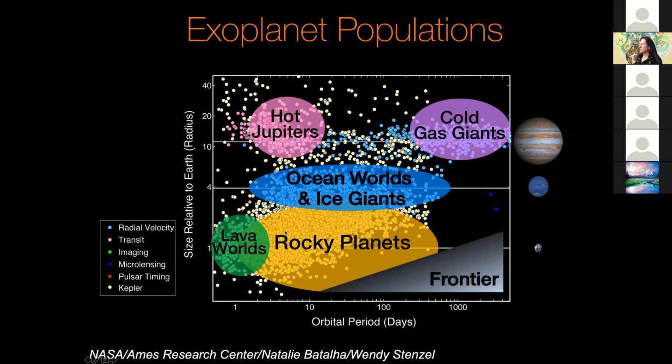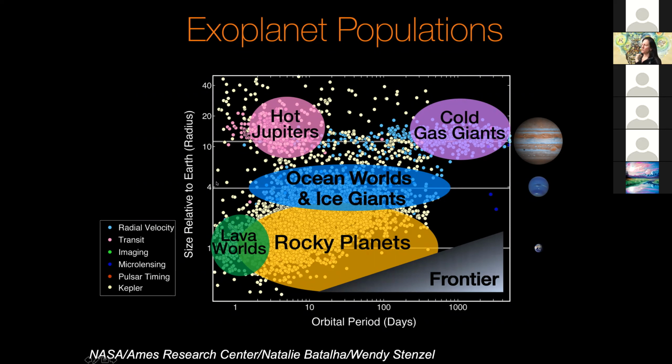So you have the rocky planets, and this is easy because it's like our Earth. Then the lava worlds, these are the ones that are very close to the star, but still small in size. So they're like big magma ocean worlds.